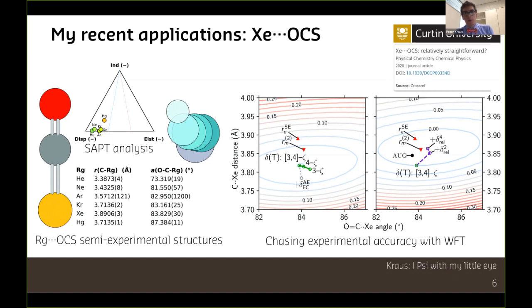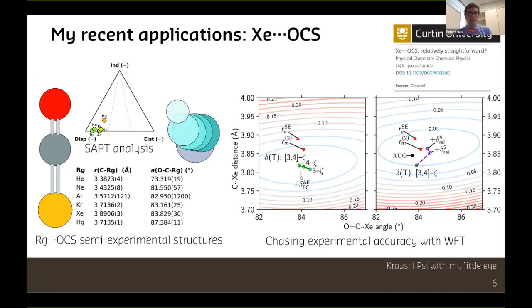What I found very surprising was that augmentation of these basis sets, even though they are relatively large, a quintuple zeta correlation consistent basis set is huge, and the quadruple zeta is also quite large. But even then, augmenting them by diffuse functions brings the structure from the green point on the right-hand side to the black point. So it's within, I think, 5 milliangstroms, which is really, really accurate for a non-covalent complex.